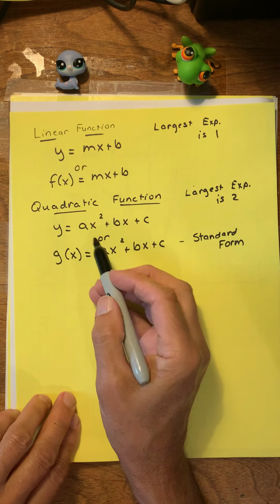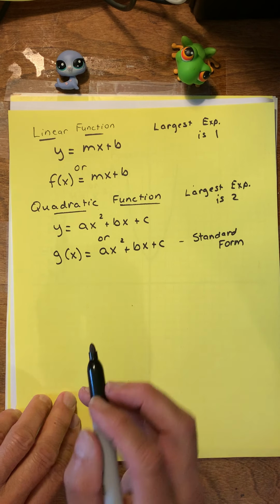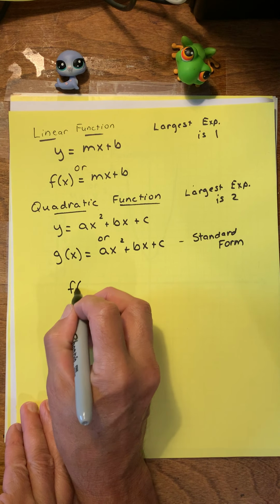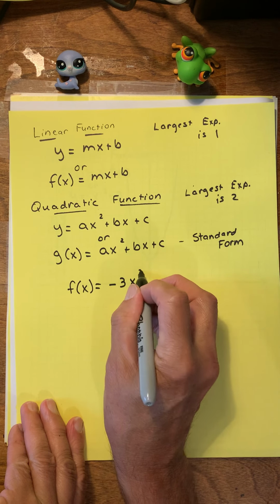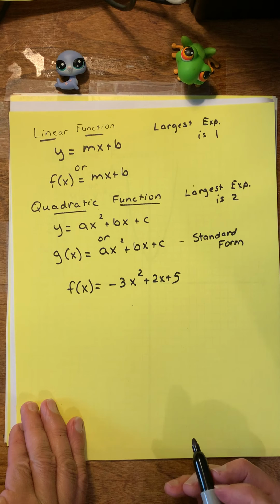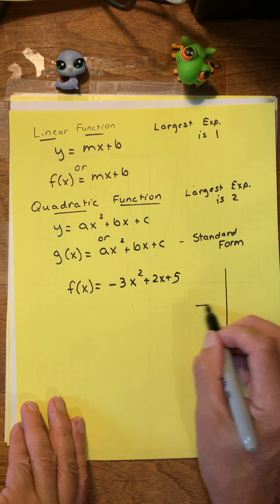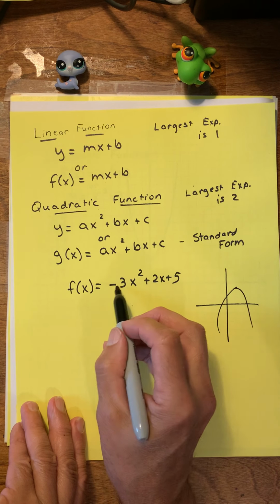And it all depends on the number in front of your x squared value. For instance, if you have f of x equals negative 3x squared plus 2x plus 5, just made that up, whatever it looks like is going to be a downward turning parabola. Why?